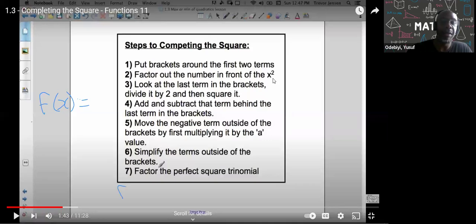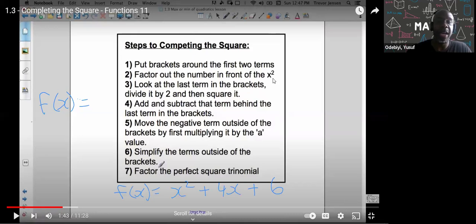Maybe I'll write it down here. f of x equals x squared plus, I'm just making up some numbers here, 4x plus, I don't know, 6.